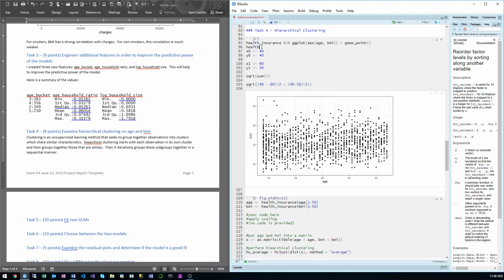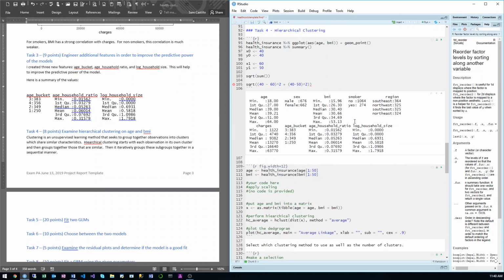They're not on the same scale. So if you just tried to calculate their distance directly without doing any types of rescaling, see here, age goes from 18 to 64, BMI goes from, well, 16 to 53. So they're actually quite close, but they're not exactly identical.